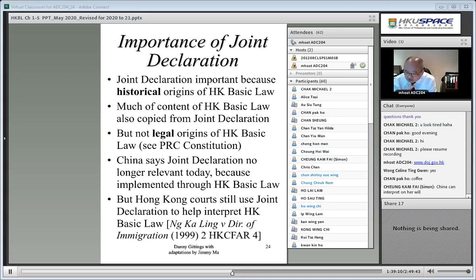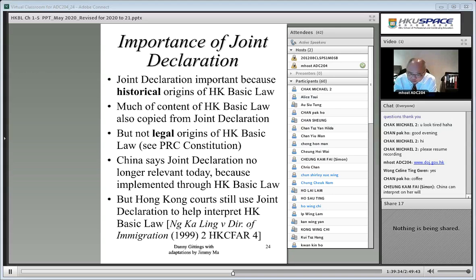The Joint Declaration is not part of this. The Joint Declaration is already out the window, right? So this is the Chinese official stance, and that itself therefore makes the Joint Declaration less and less important than before.